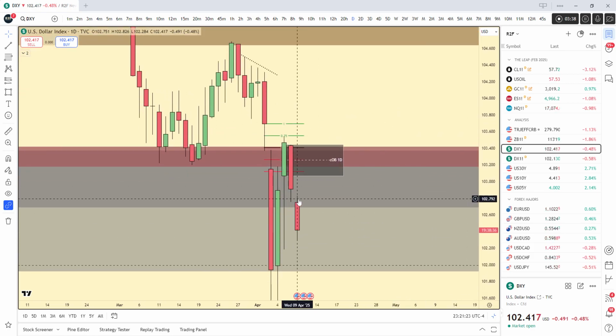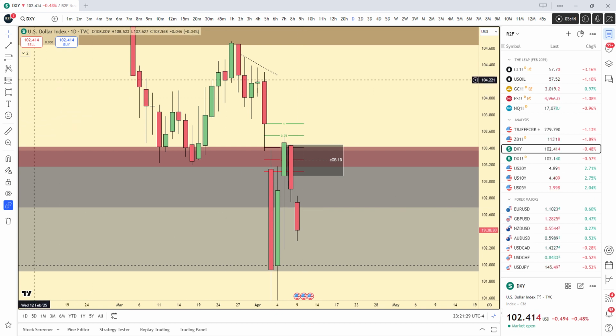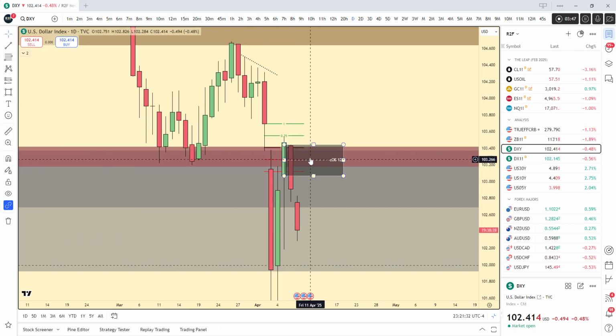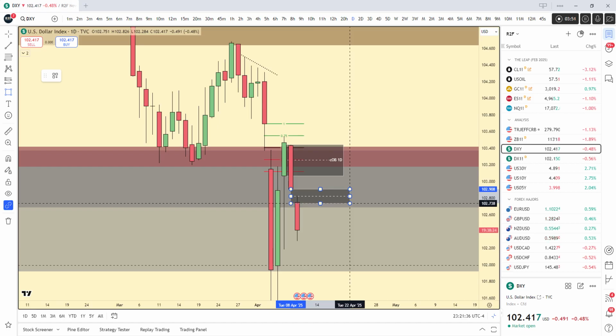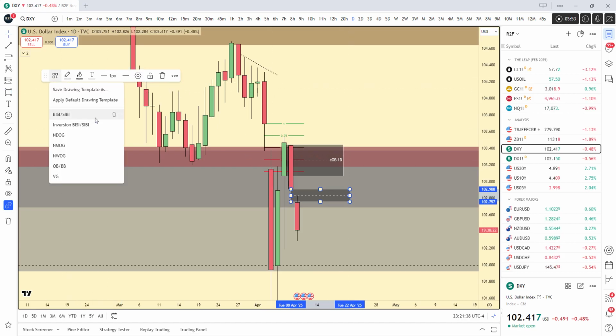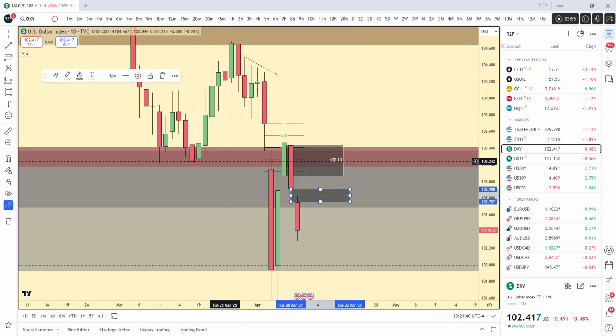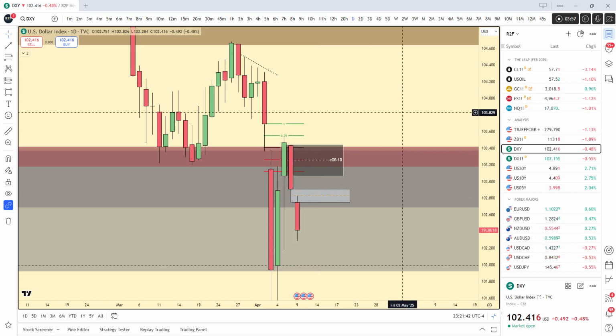Okay, we had the gap here. We expanded and came into it. We gap down, small retracement, and then lower. So I'm going to highlight this new day again. Okay.